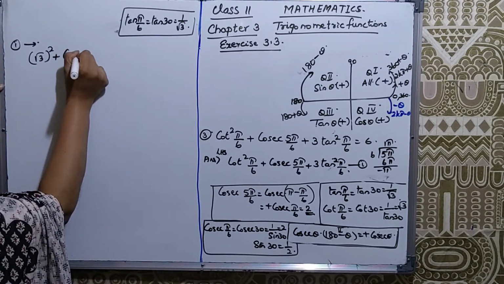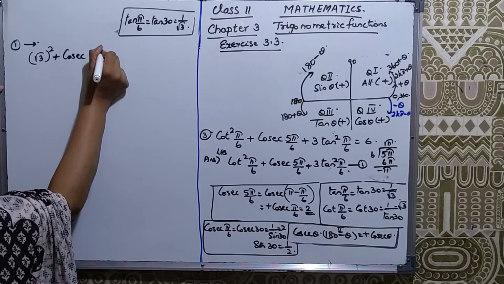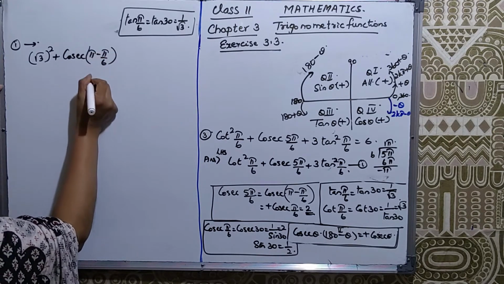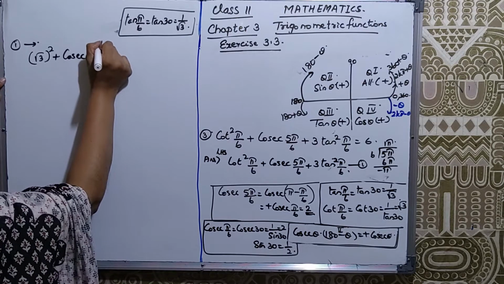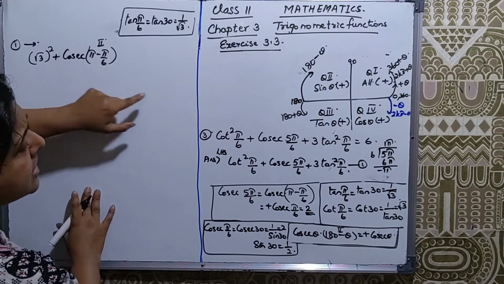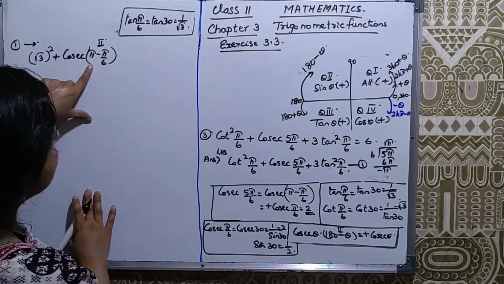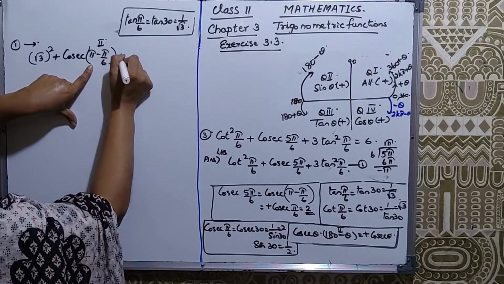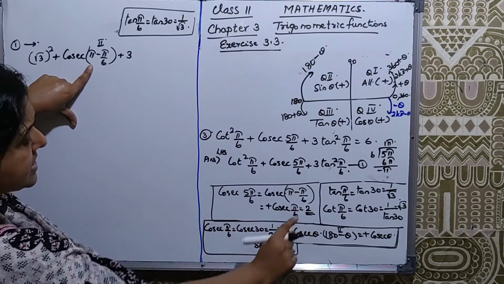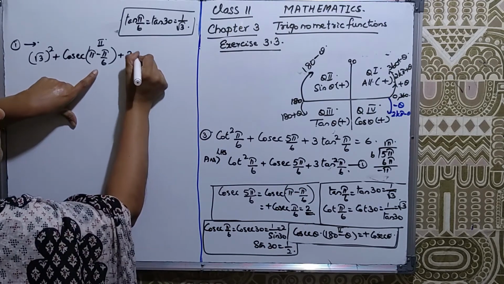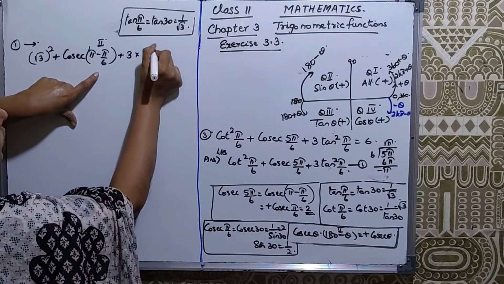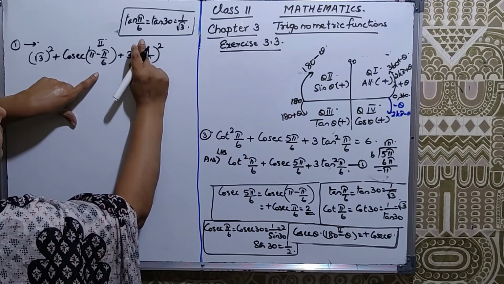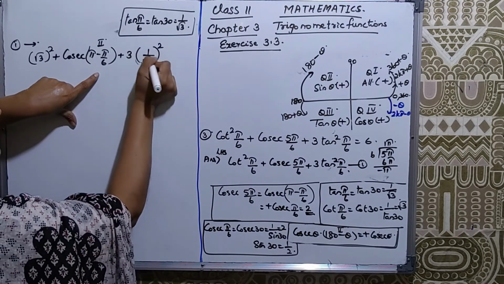If you want, you can write cosec pi minus pi by 6. It belongs to the second quadrant; sin and its reciprocal cosec will be positive in the second quadrant. Then plus 3 tan pi by 6, tan 30, I wrote 1 by root 3, the whole square.